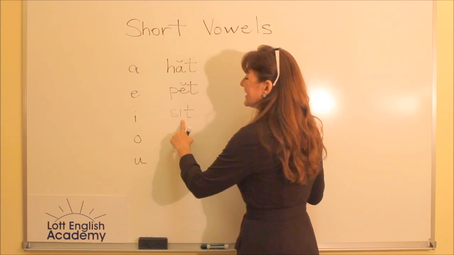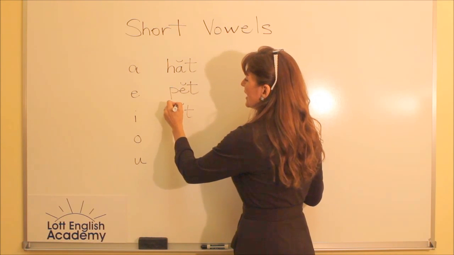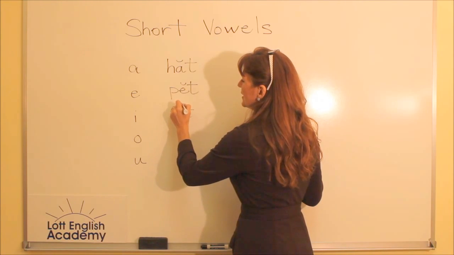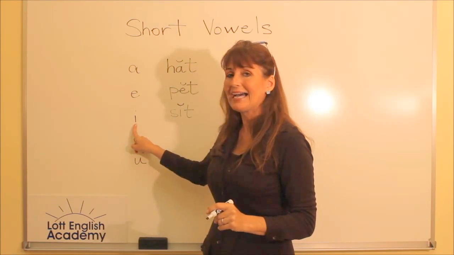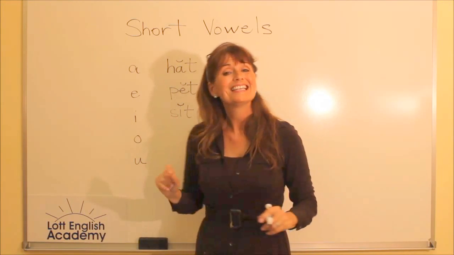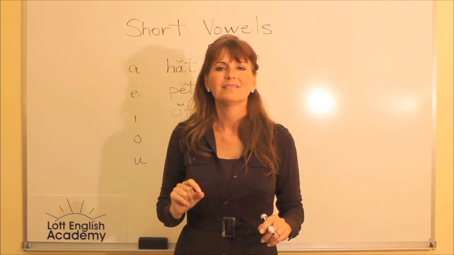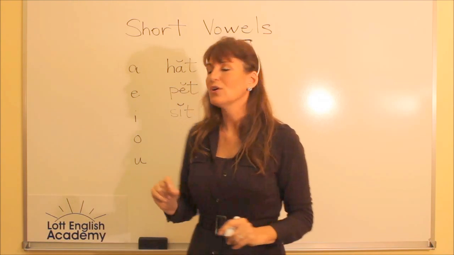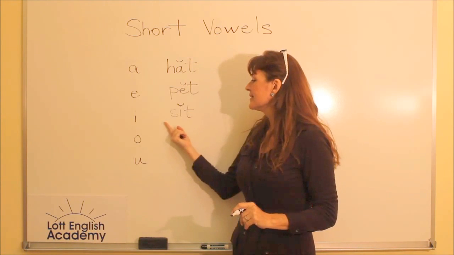This little symbol here is just telling us that the sound is the short vowel sound. So this is not saying the letter I, this is saying the sound i. So the word here is sit.